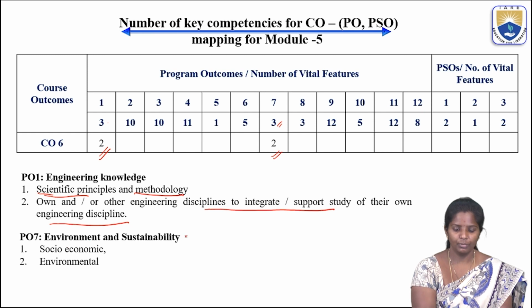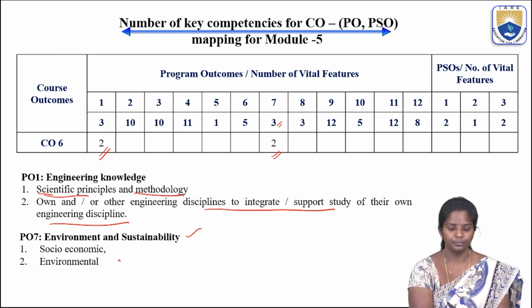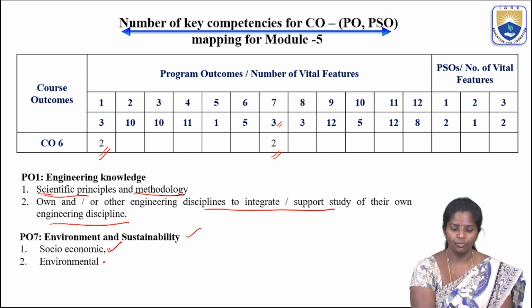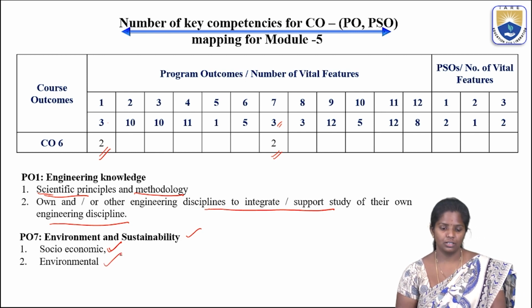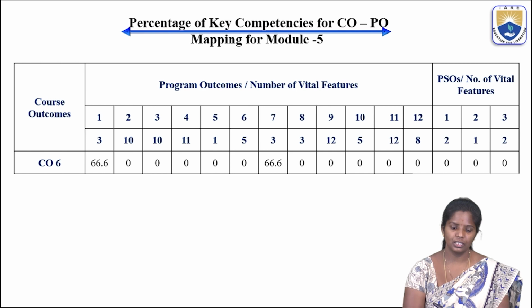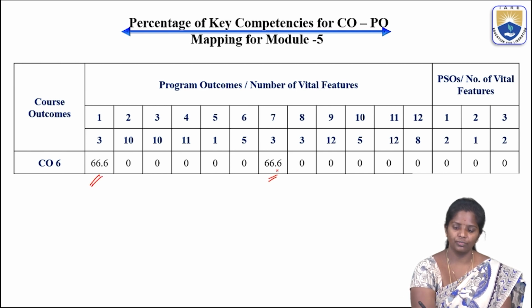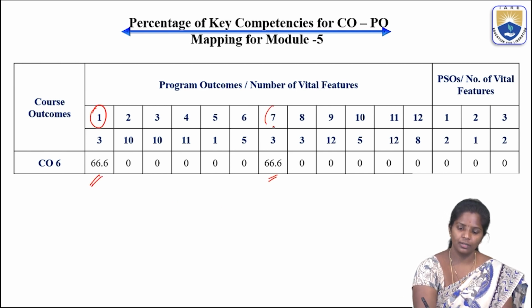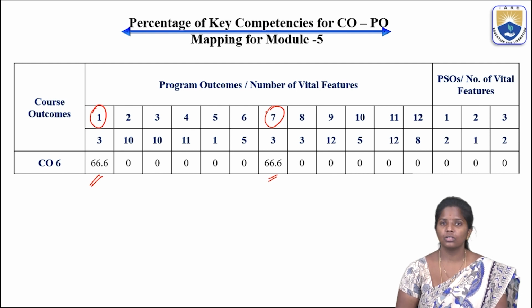And coming to environment and sustainability, PO7: socio-economic is one key competency and environmental is the other. So out of 3, both POs are matching 2. If we take the percentage, it is 66% for both of them. So PO1 and PO7 are mapped with course outcome 6.